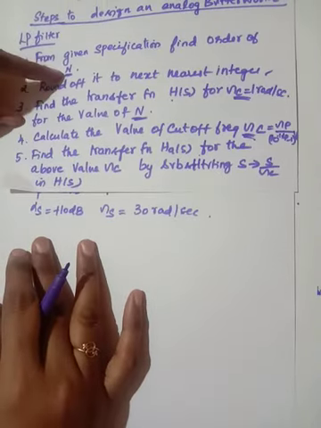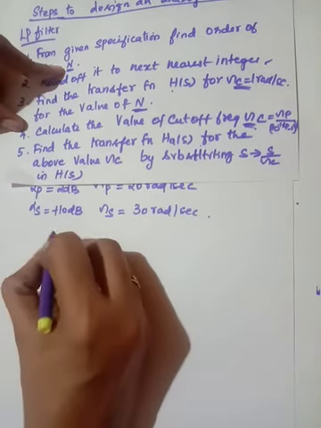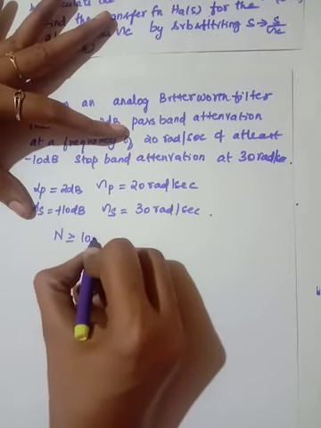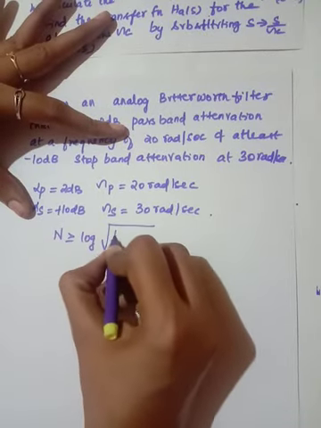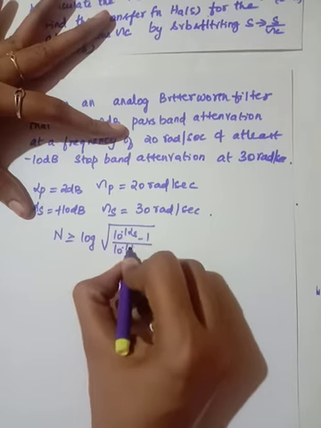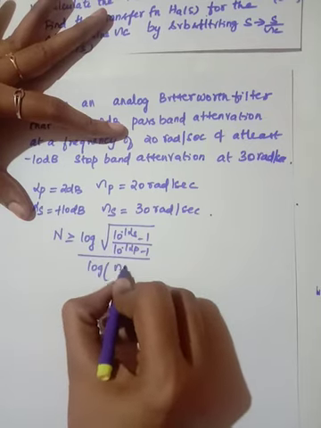What is the first step? We need to find the order of the filter. We know the formula: N is greater than or equal to log of the square root of (10 power 0.1 alpha s minus 1) divided by (10 power 0.1 alpha p minus 1), divided by log of ohm s by ohm p.